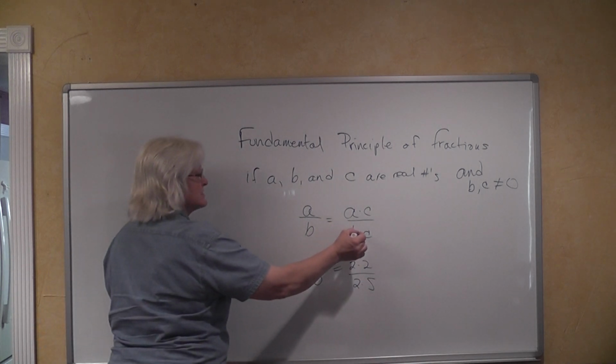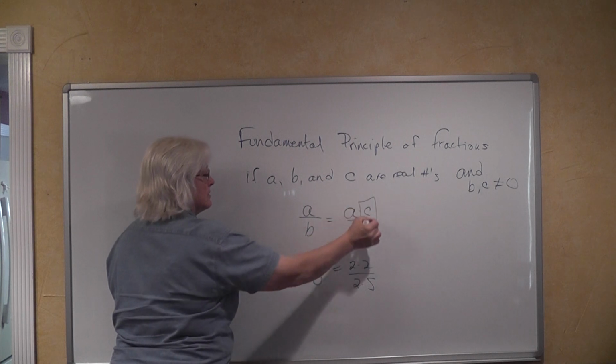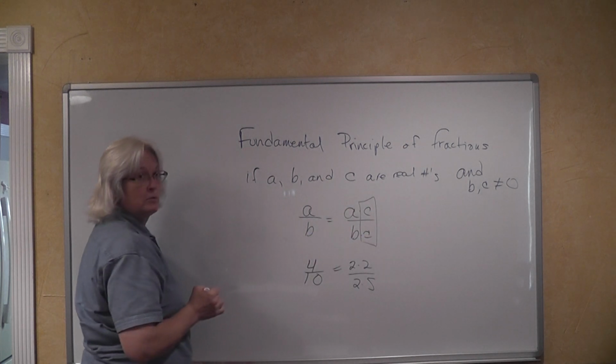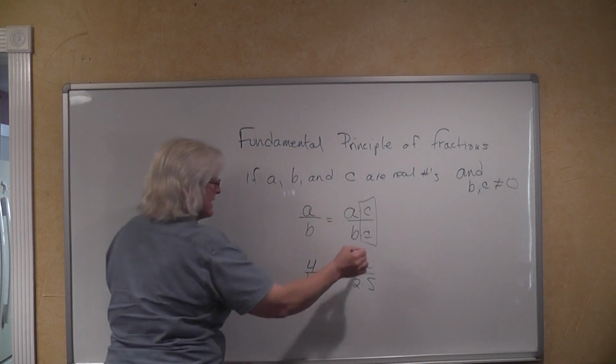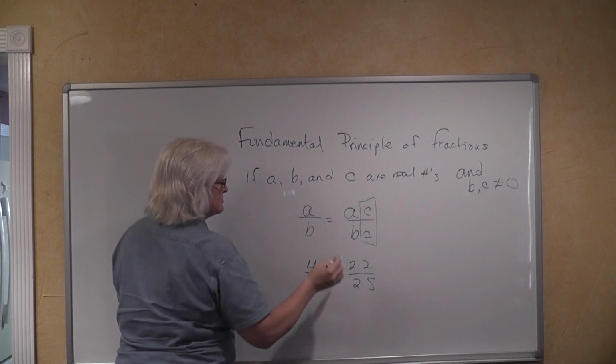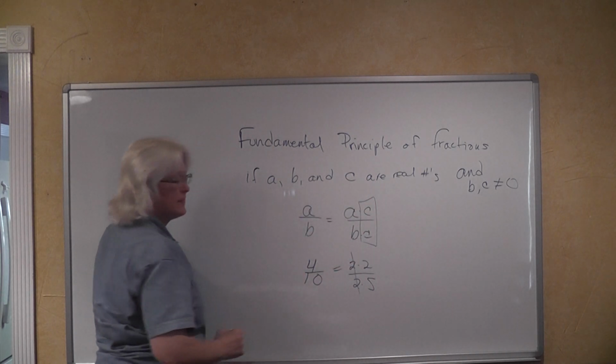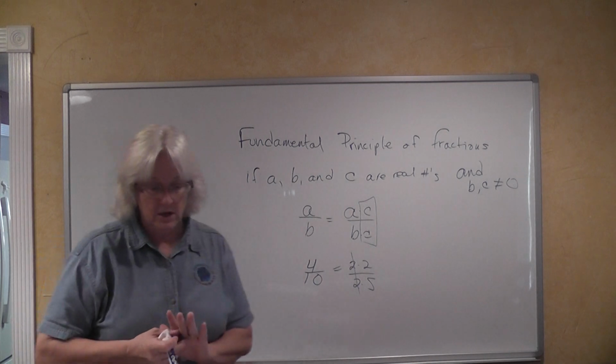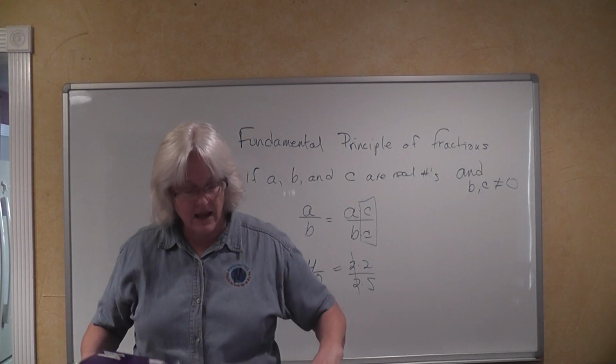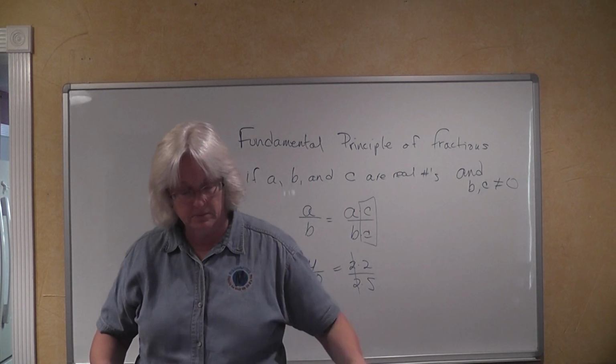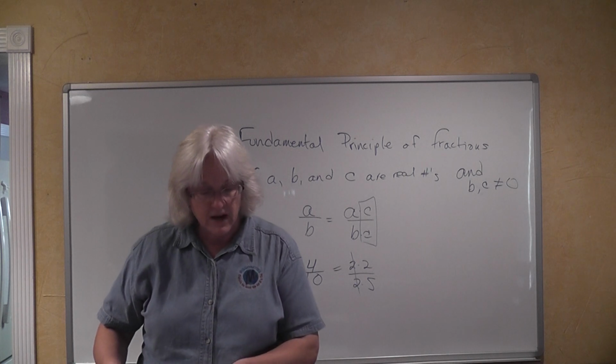See, we have our same number in the numerator as we do in the denominator. So 4/10 is equal to 2/5. So that is how we are able to reduce fractions.